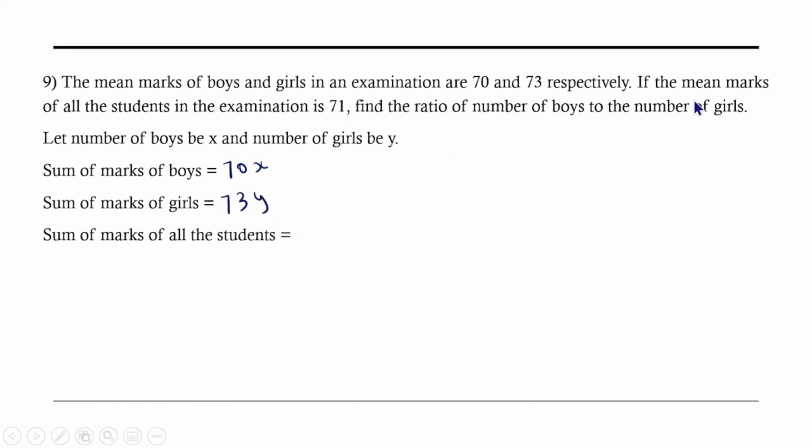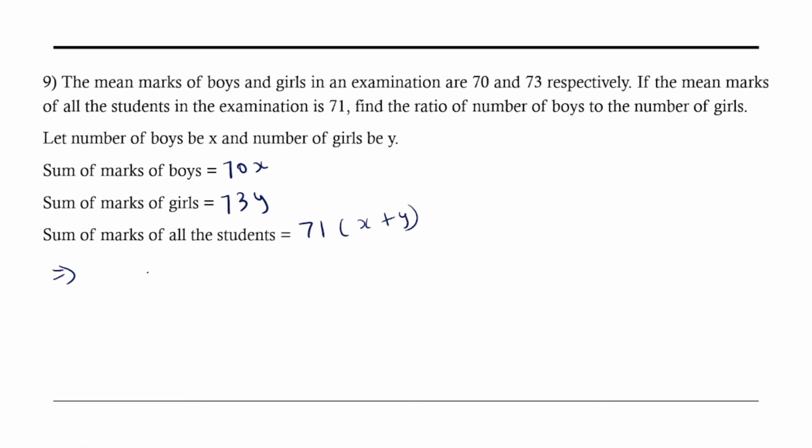Then it is given mean marks of all the students is 71. So sum of marks of all the students will be 71 into x plus y. Now this sum of marks of all the students is nothing but 70x plus 73y.